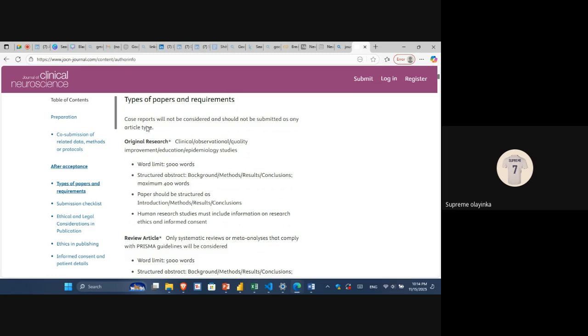Then they said for original research, it should be structured in IMRAD structure. Can you see we have IMR? So there shouldn't be any discussion, but after results it should be conclusion. Which is why I said most of the time the journal you are submitting your manuscript to will be the determining factor of how you write your research paper.